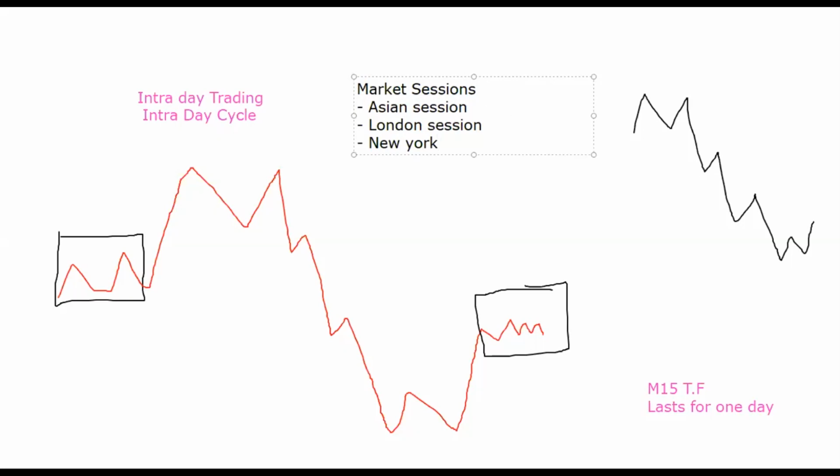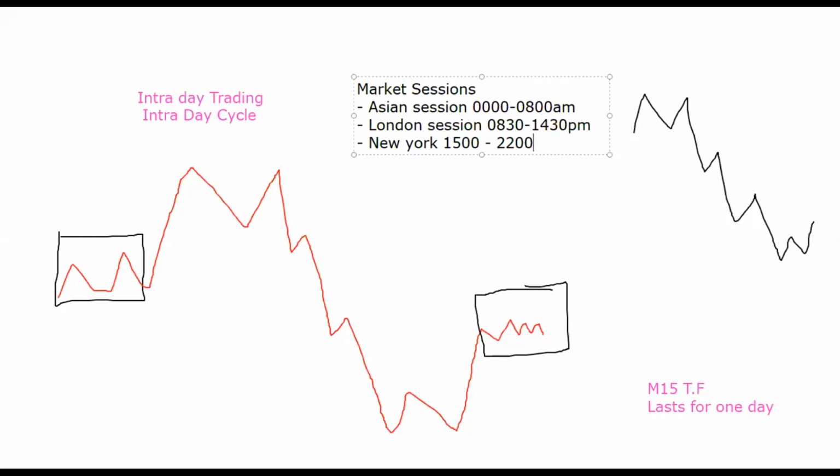And the Asian guys, normally they start at beginning of the day and end around 8 a.m. in the morning. And this is Zimbabwean time. The London guys, normally they start around 8:30 and end around 14:30 thereabout. Then the New York guys, they start controlling the market around say 3, and then they end around 10 in the evening.